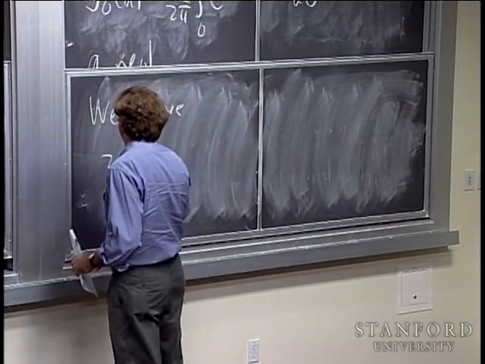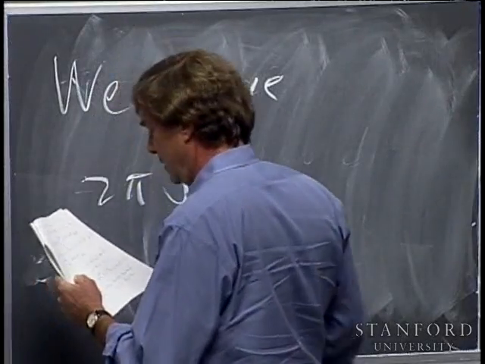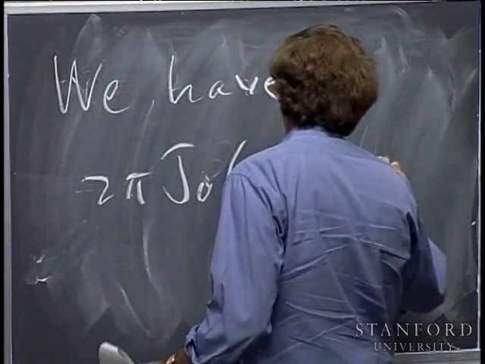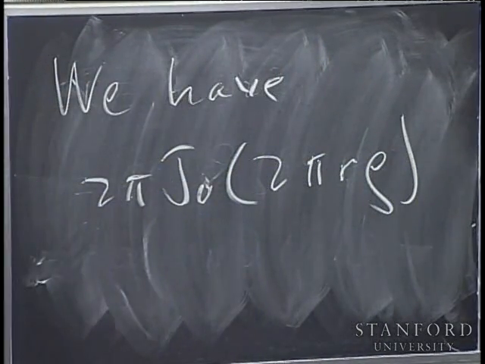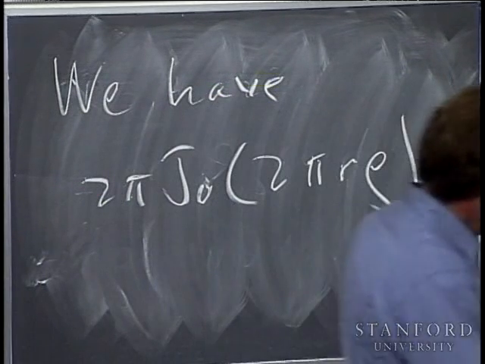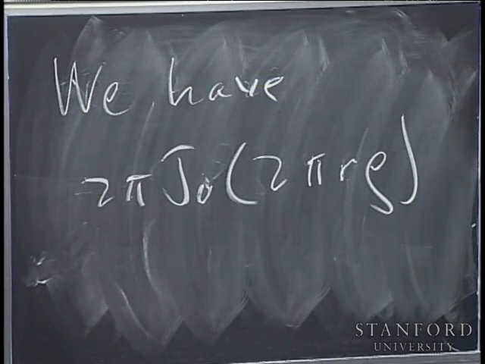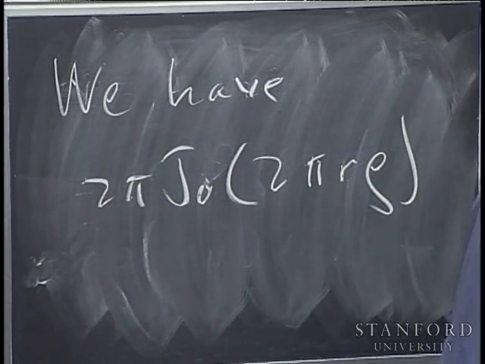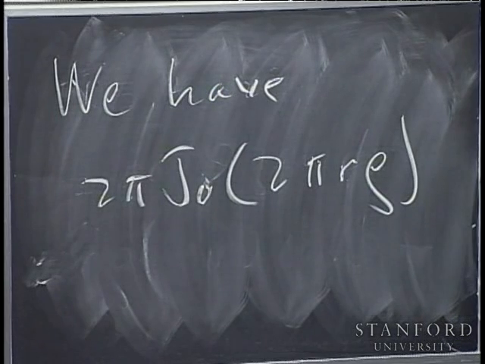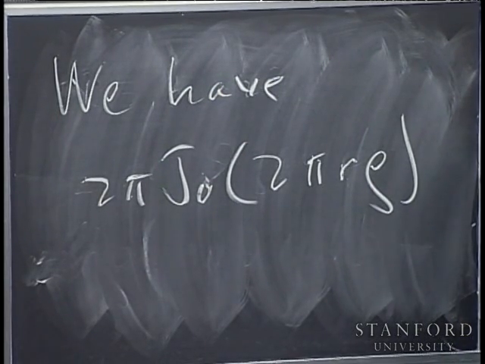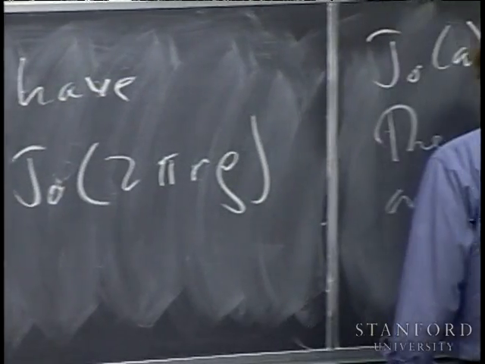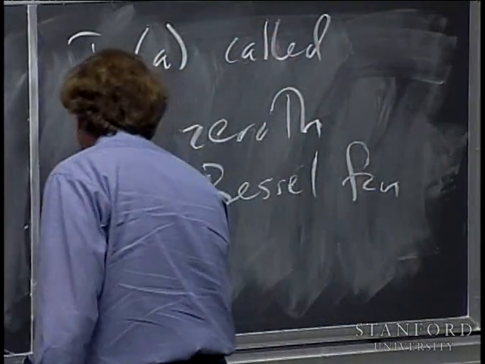We have 2 pi times J naught of 2 pi r times rho. That's what we're dealing with here with this integral. Okay? Now, J naught is called the 0th order Bessel function of the first kind.